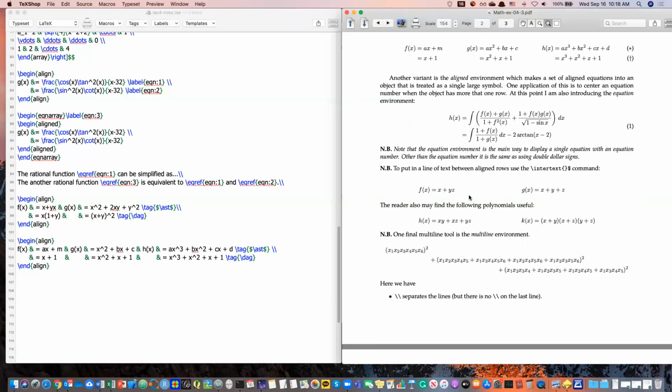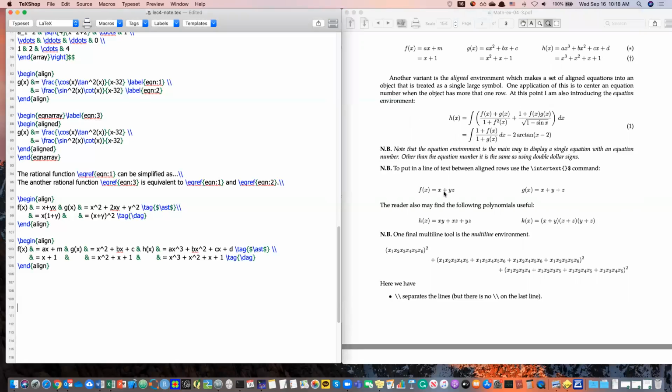All right, now next one, intertext example. You see that here, f of x equals x plus yz, and then g of x equals x plus y plus z, and then h of x and k of x. These four equations are aligned, right? f of x and h of x are in the first column, g of x and k of x are in the second column.